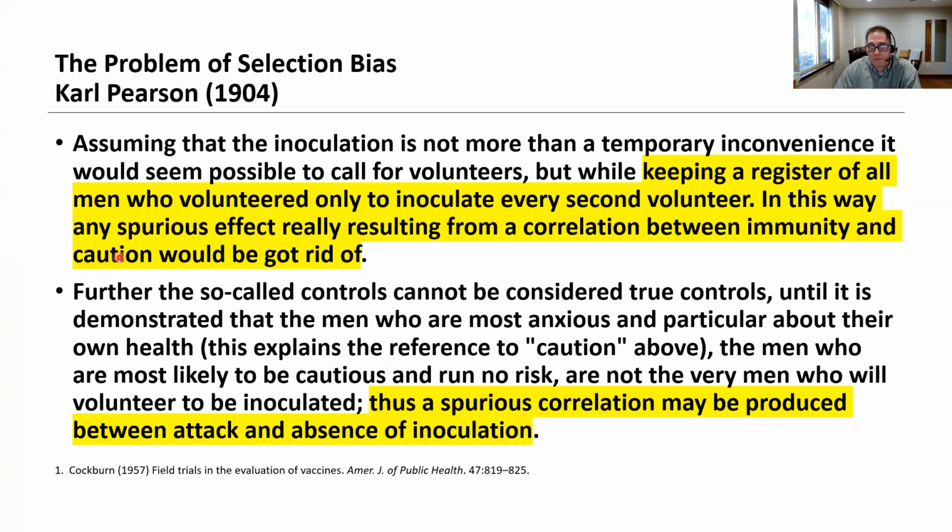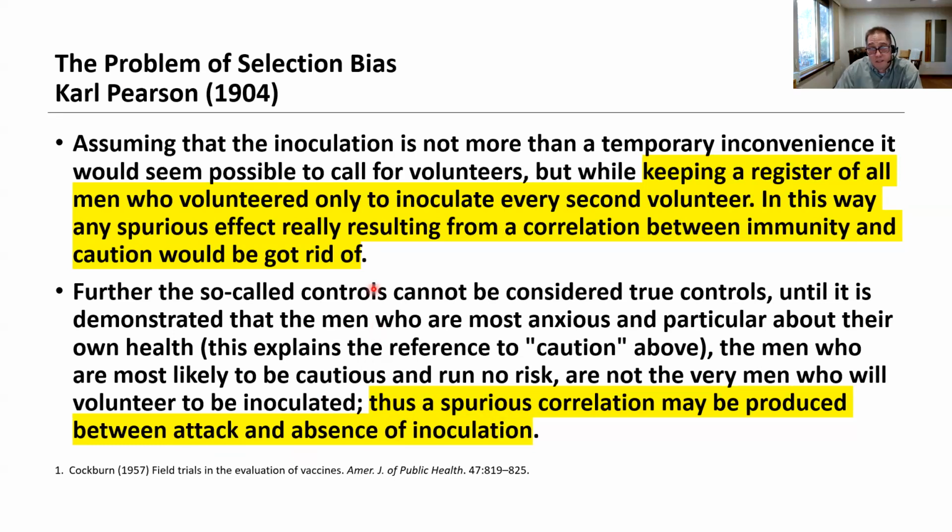So this is the first, not randomized, but a way of enrolling patients onto a study. In his paradigm, what that every-other-patient enrollment strategy does is eliminate any spurious correlation that may be produced between the attack or the absence of an inoculation.